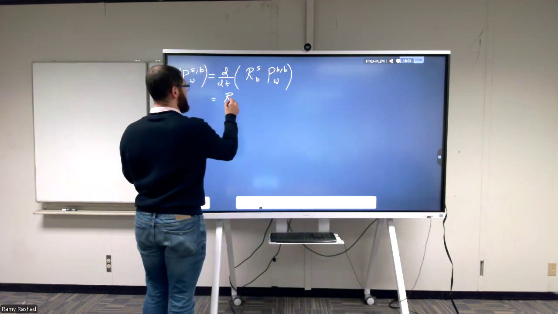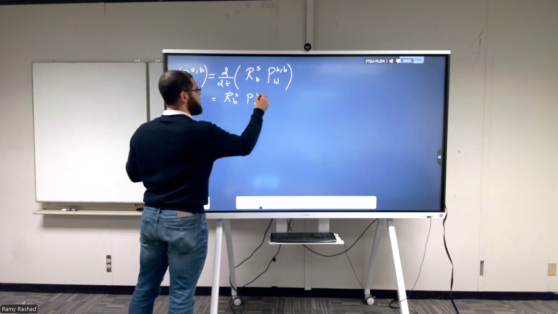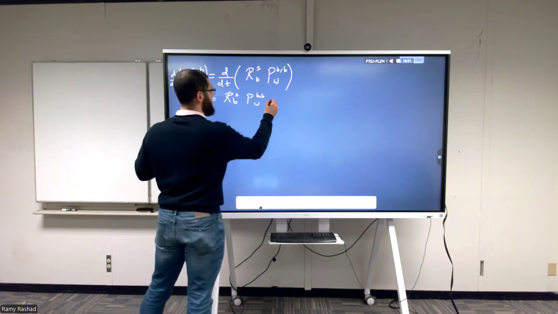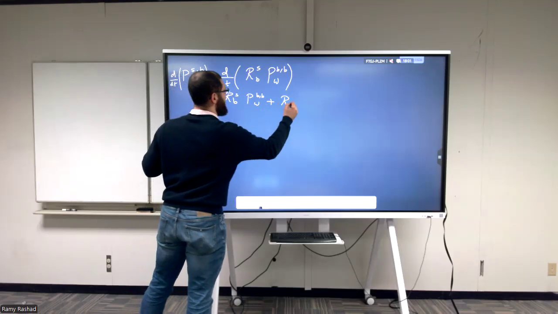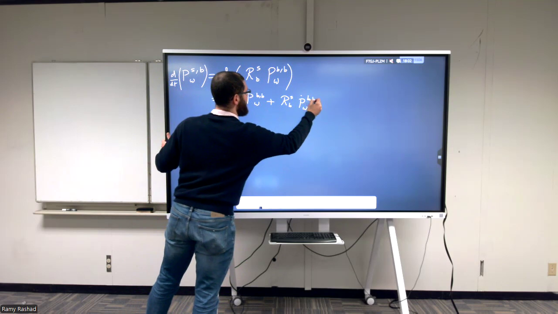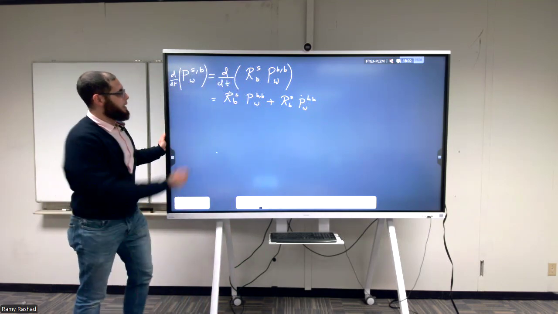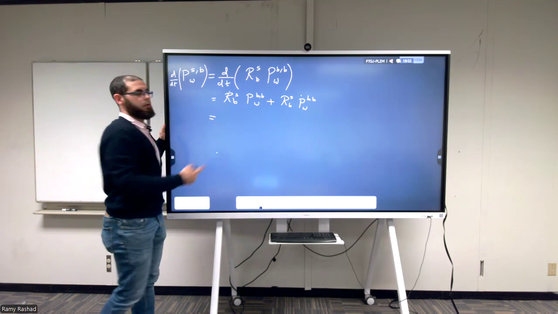So it's R dot multiplied by this angular momentum expressed in the B frame. And then I have RBS multiplied by the P dot, PB. And then I have the R dot.